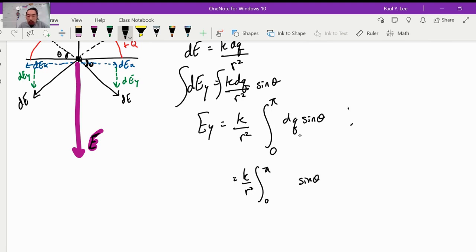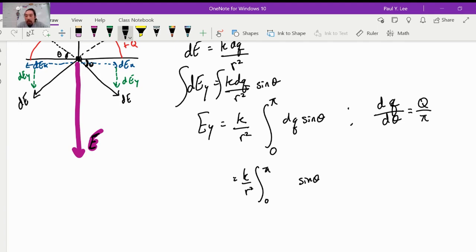All right, off on the side here, let's redefine this dq. Here we have a linear line of charge, and this linear line of charge is dq over d theta. So what this shows us is that as our angle is changing, our amount of charge is also changing. So it's a ratio. And when we do the full half circle, we get q over pi, right?